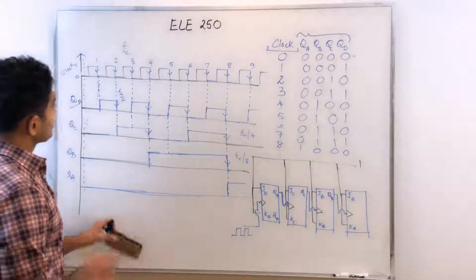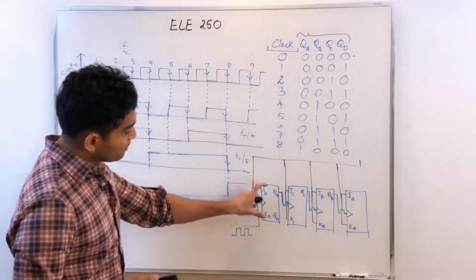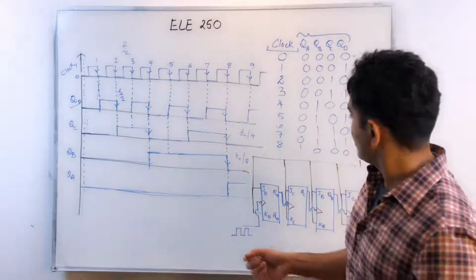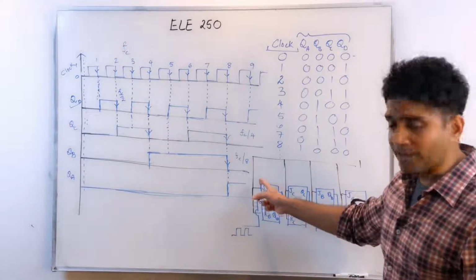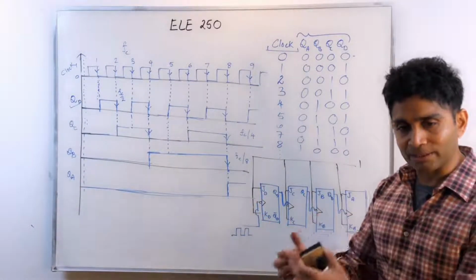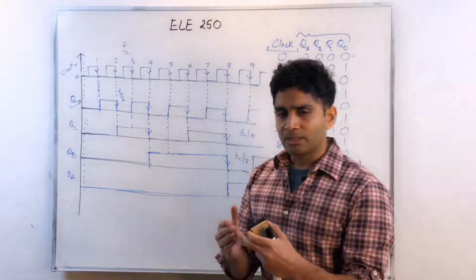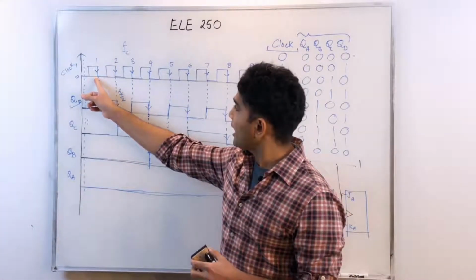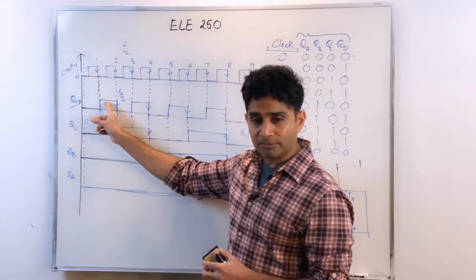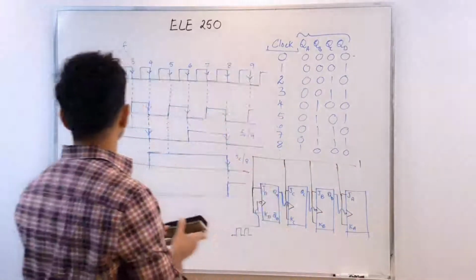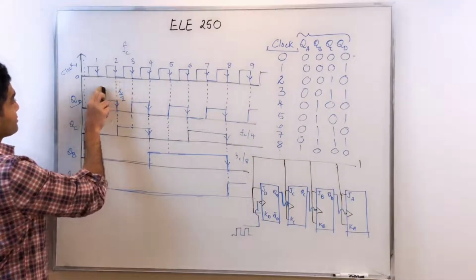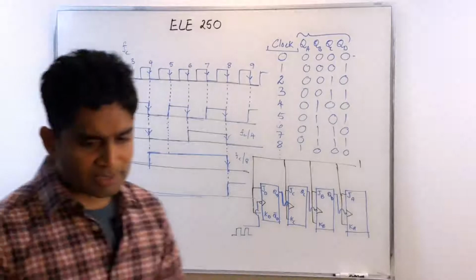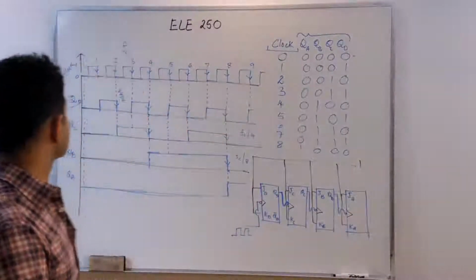Now, every flip-flop will have its own timing delay. That means when I apply the clock and the inputs, and the flip-flop gets triggered, there is a slight delay between the occurrence of the active edge and the switching activity of the flip-flop. If I redraw it, even though I've shown it to be exactly there, what really happens is there is a slight timing delay.